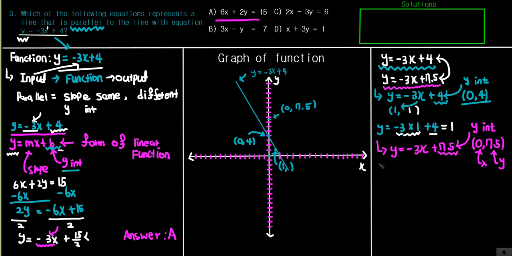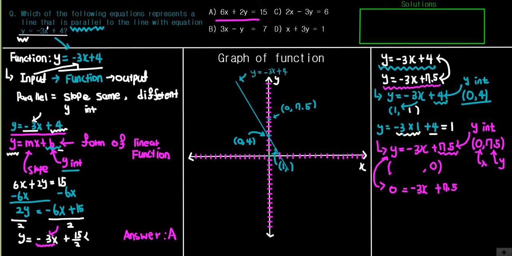Let's simply think about when the y value is equal to 0. We replace the y value with 0, and that should be equal to negative 3x plus 7.5.